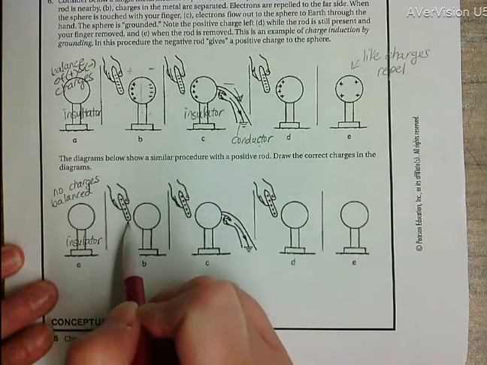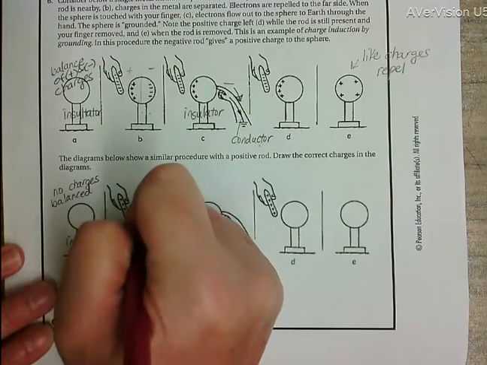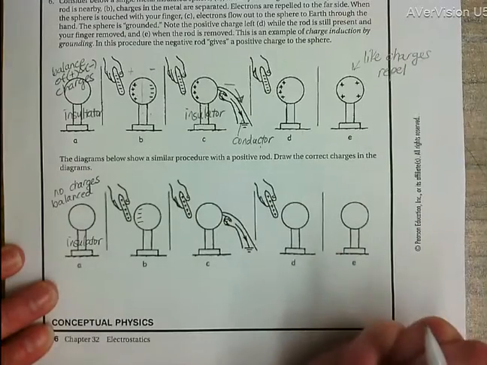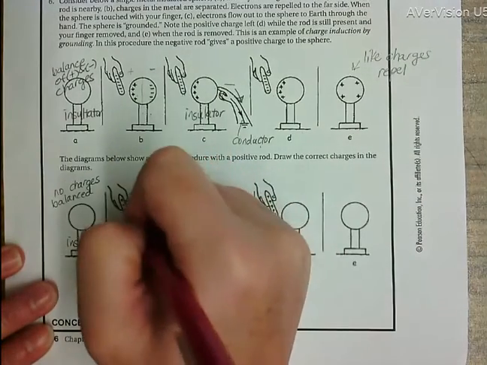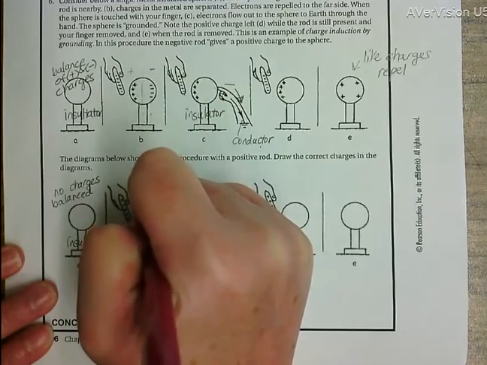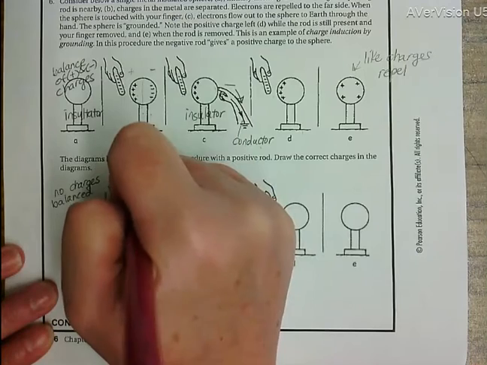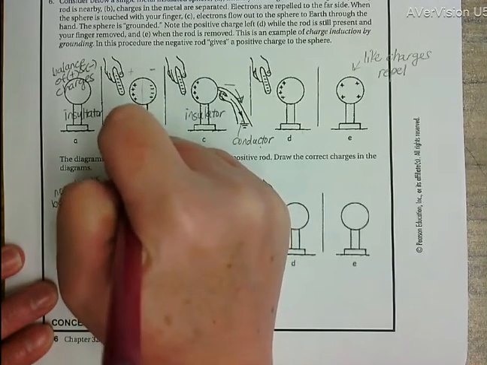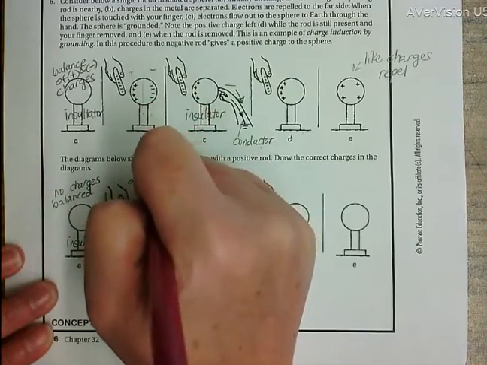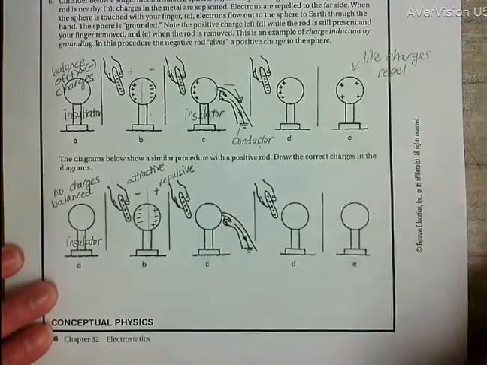So now I bring this positively charged rod in. This time it's going to be the electrons that are attracted to it, the negative charge, and the positive charge is going to be repelled to the other side of that sphere. So we have kind of a negative here because there's that attractive force, and the positives over here because there's that repulsive force.